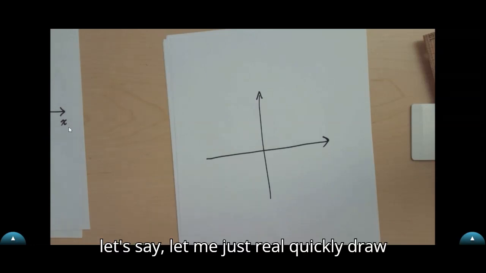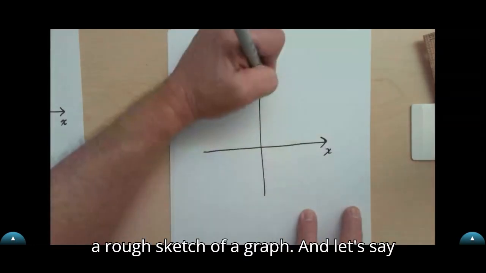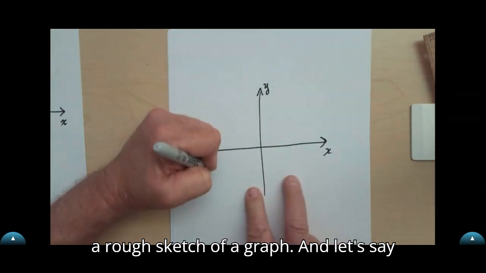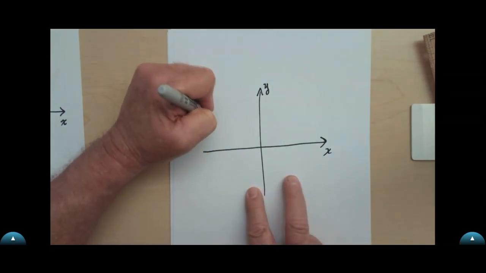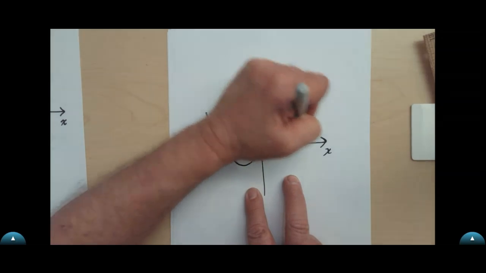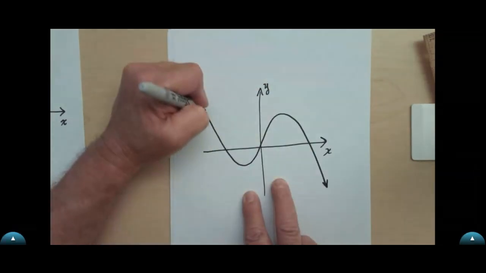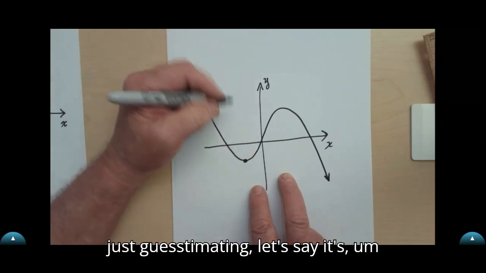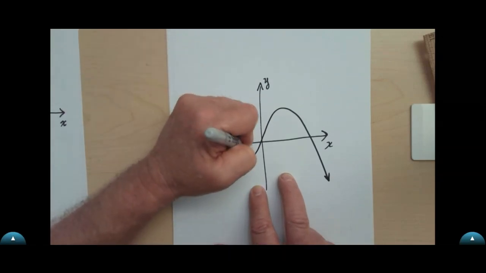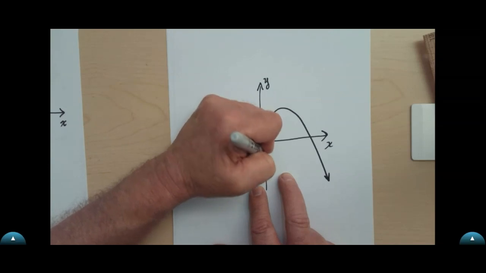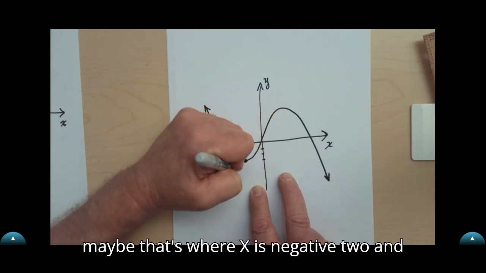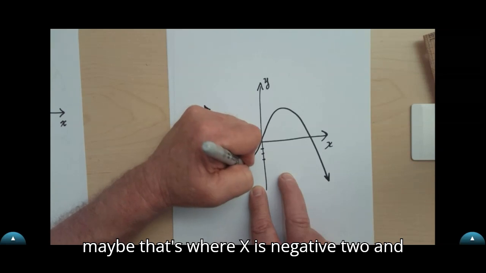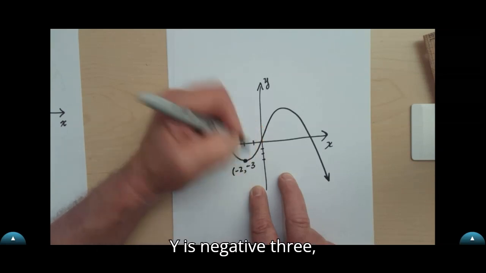Okay. Let me just real quickly draw a rough sketch of a graph. Let's say it looks like this. I'm putting arrows on the end of this one. And let's say that this point, I'm just guesstimating, is where X is -2 and Y is -3.